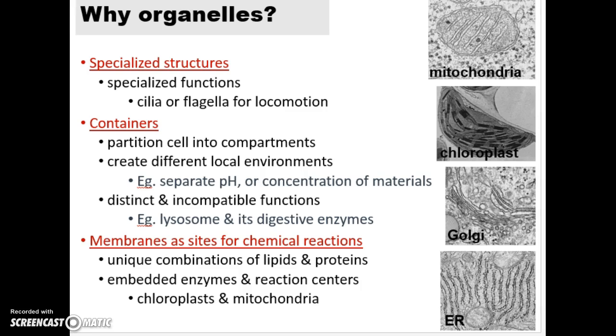The last thing is that membranes, again, act as sites for chemical reactions. Not only on the outside of the cell do we have that cellular membrane with all its properties that you've been working on, but each organelle also has a double bilayer membrane.